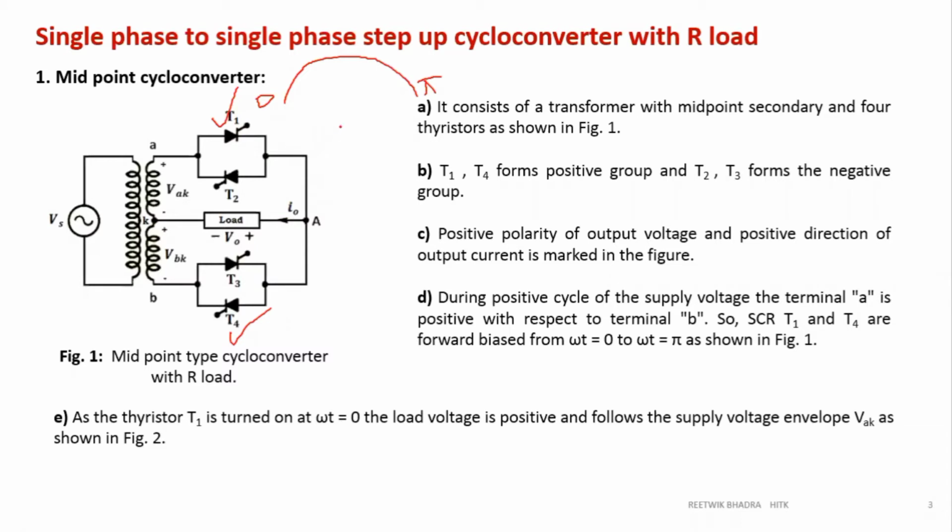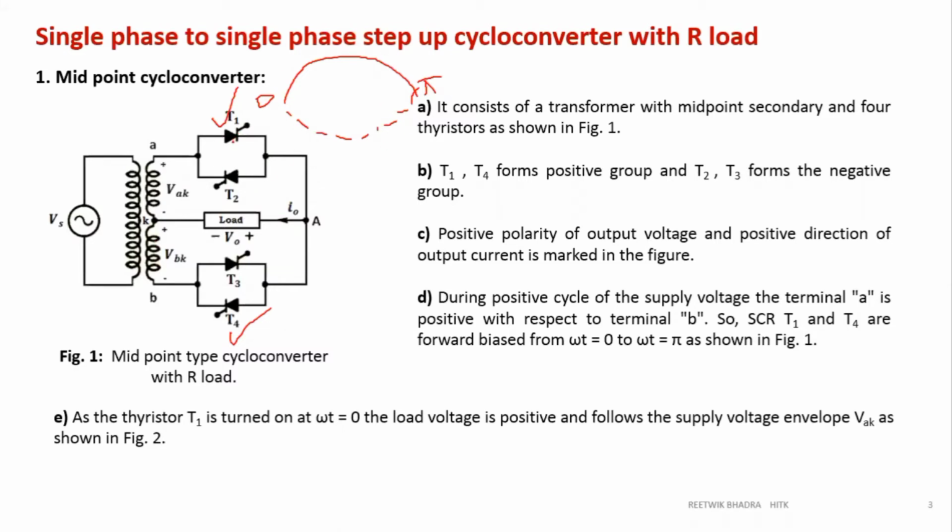Okay. Now, if you draw VAK, this is my VAK. And if you draw VBK, it will be going like this, right? Opposite to it. Hope you are understanding. VAK is A positive with respect to K, and B is negative with respect to K. So VBK will be opposite to VAK.